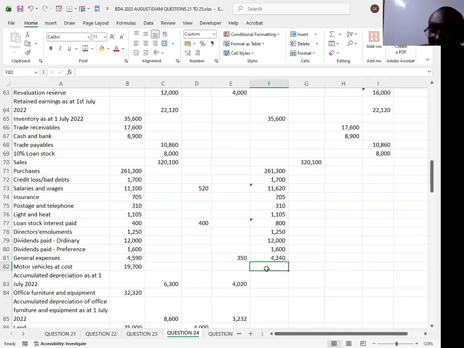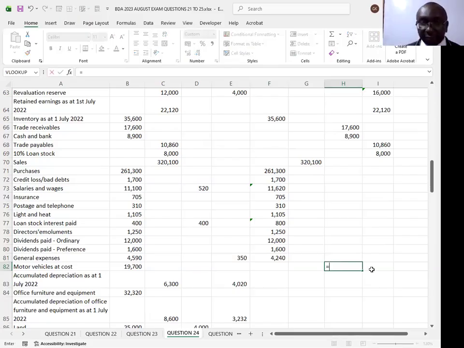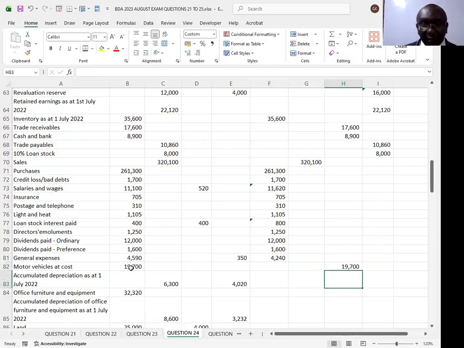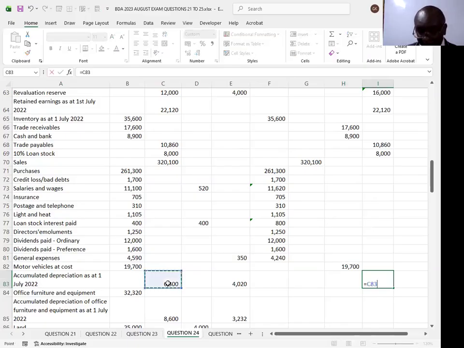Hire motor vehicles at cost. That's an asset. We debit there. Accumulated depreciation, it was adjusted. So we will say equals, you take this 63 plus this 40.